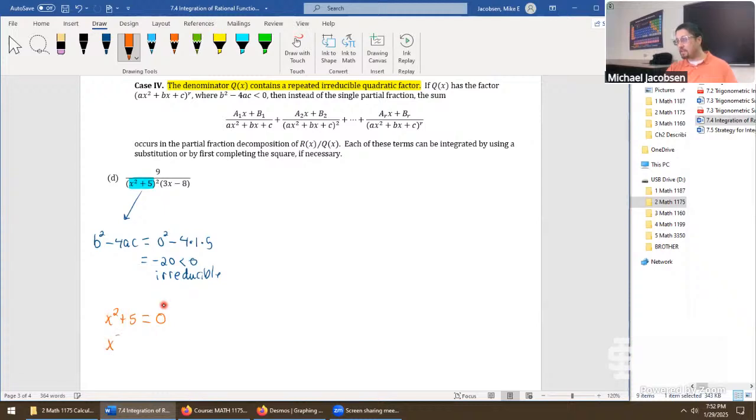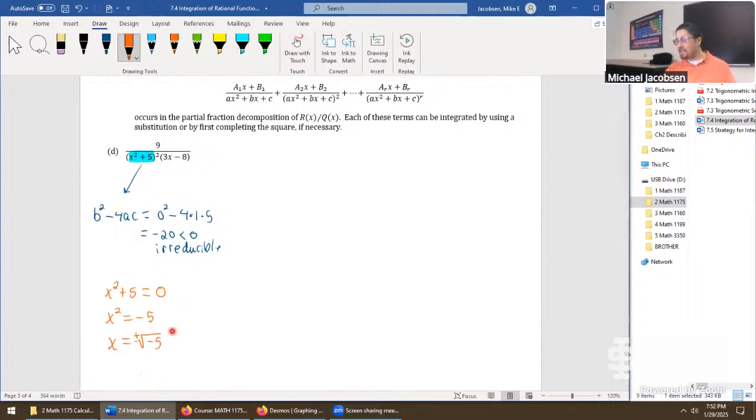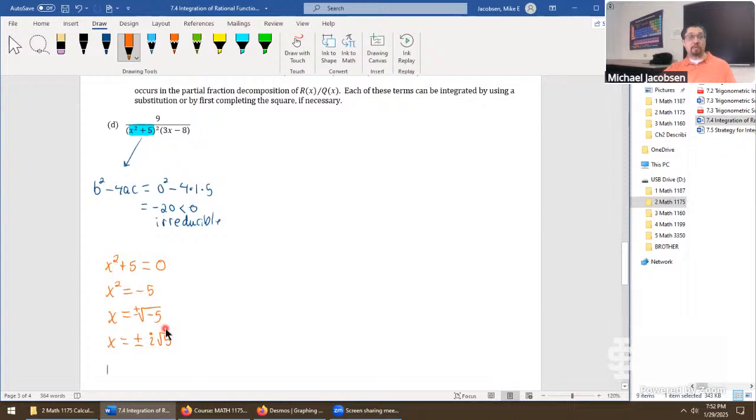You would get x squared equals negative 5. You would take the square root. x is root negative 5, either positive or negative. Nothing too wrong with that, except x is now a complex number, plus or minus i root 5. This tells us right here, it's irreducible because we can't use real numbers to factor it.